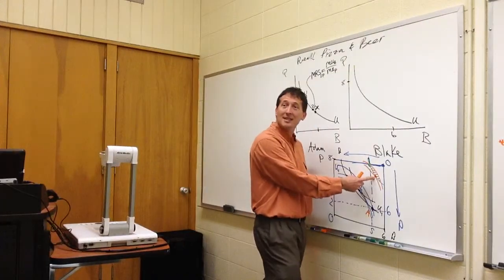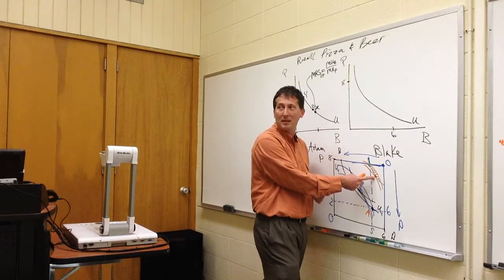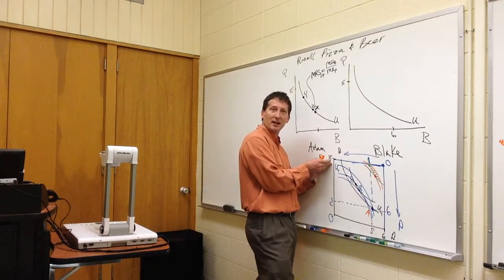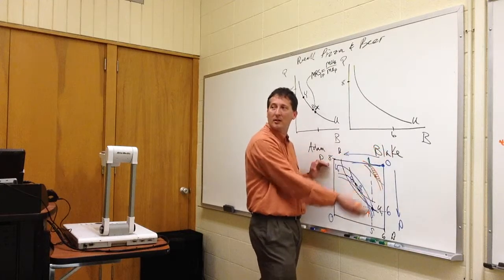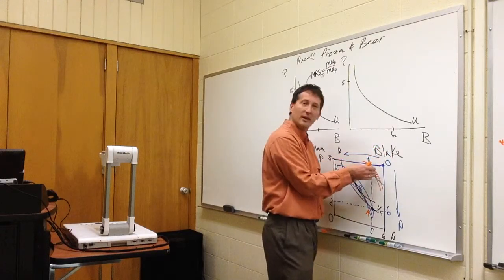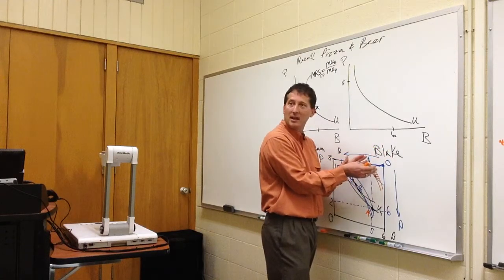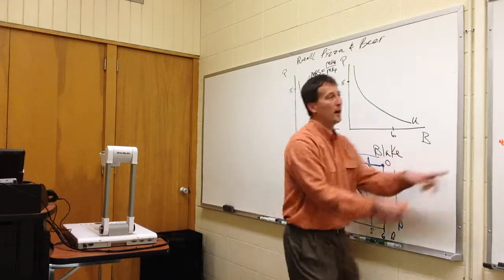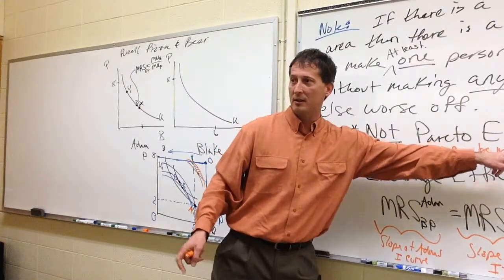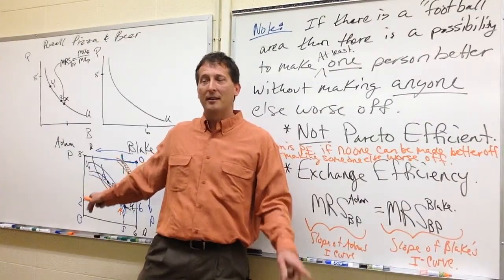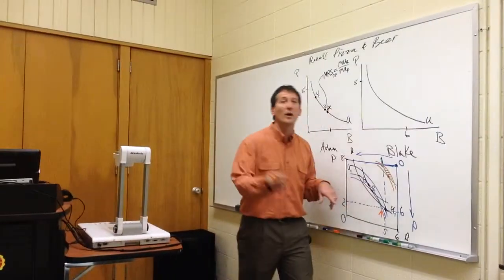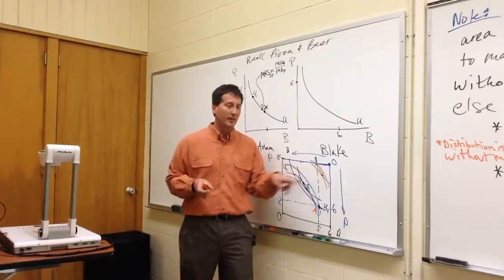This allocation in some people's eyes might not be fair because Adam is the rich guy. He's got all the beer and all the pizza, and poor Blake over here has just almost nothing. Well, that's not fair, but it's efficient. There's no other allocation of beer and pizza that we can do that will make Blake better off without making Adam worse off.